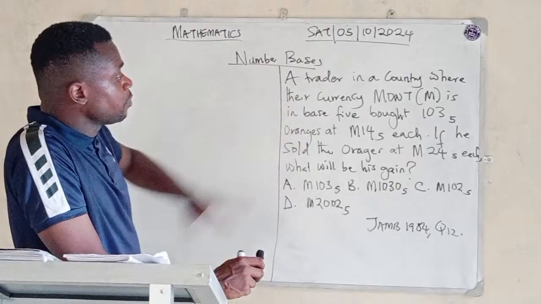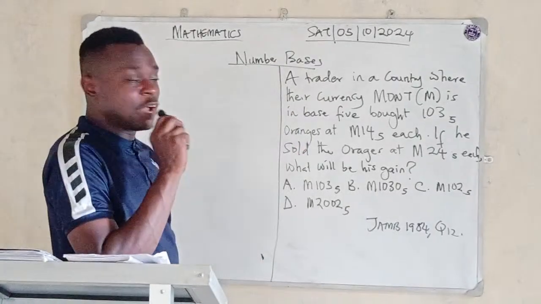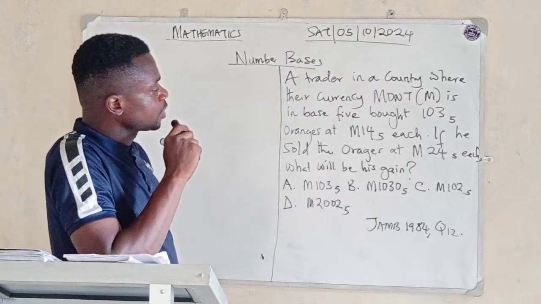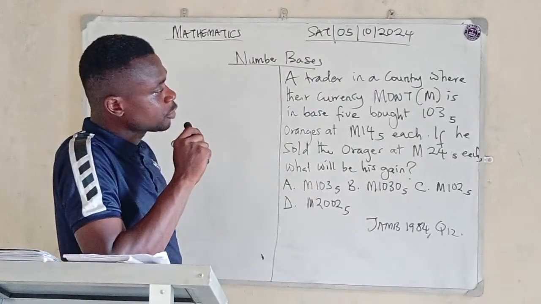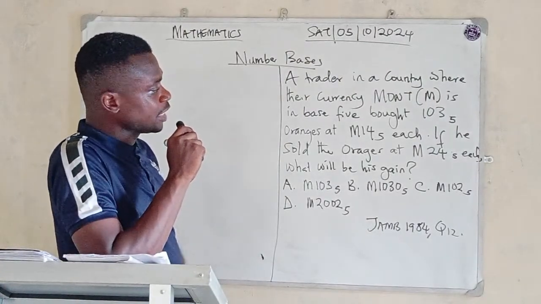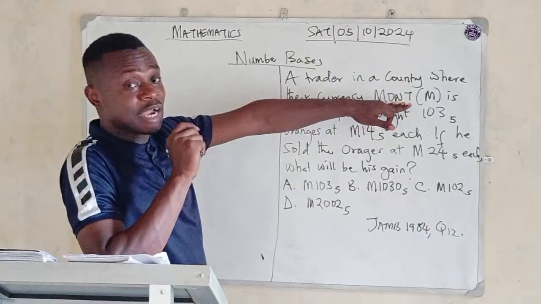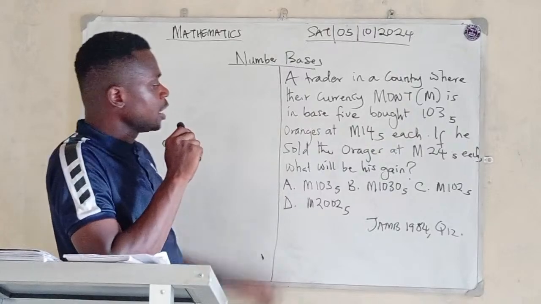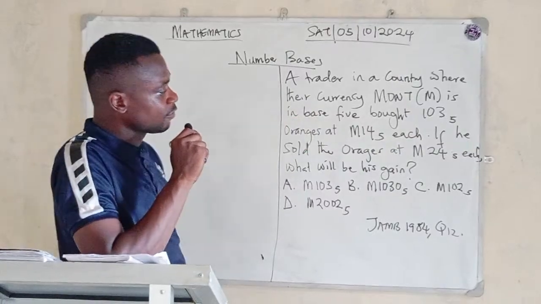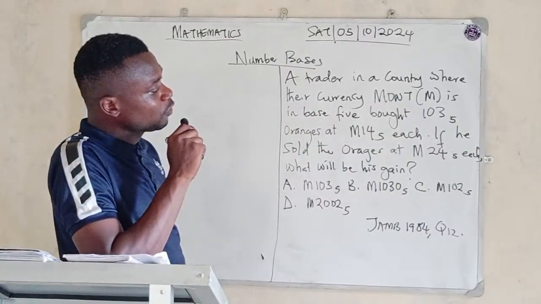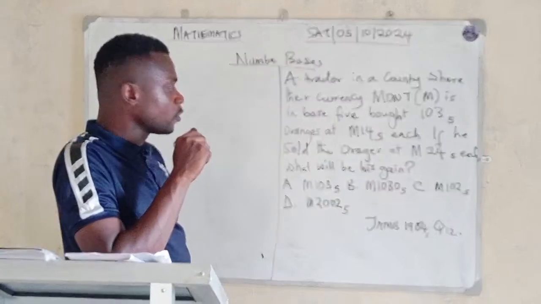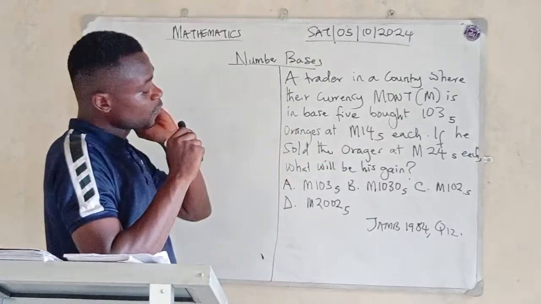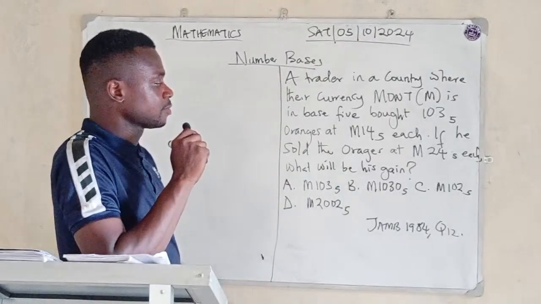We have a question on the board. The question says, a trader in a country where their currency is month, the symbol is M, is in base 5, but bought 103 to base 5 oranges at M14 to base 5 each.